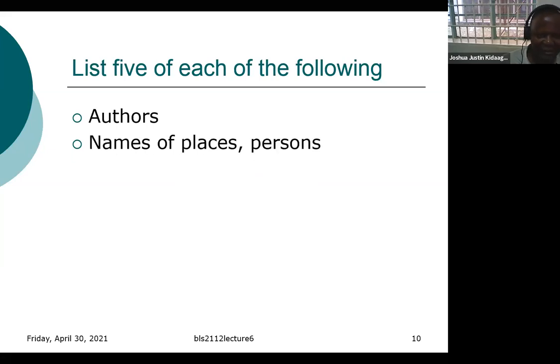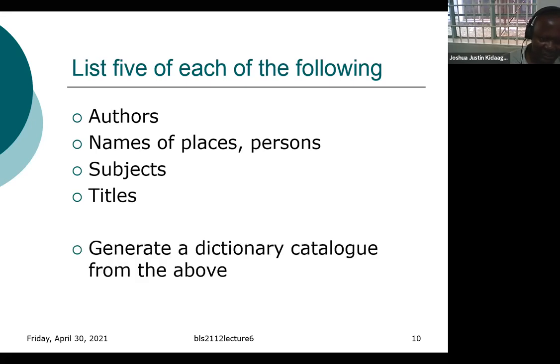So many authors, at least 5. Then you come up with names of places or persons which are treated as subjects. Then you come up with actual subjects, titles of books, and then using those, you'll generate a dictionary catalog. So that is the exercise from today's presentation.